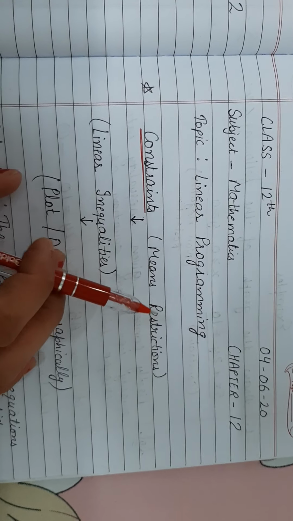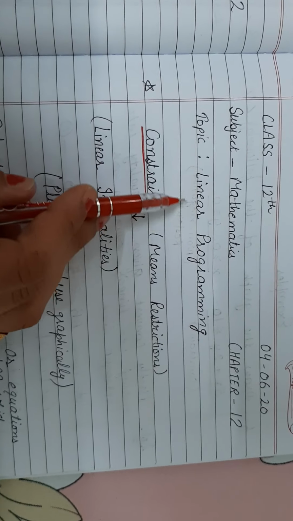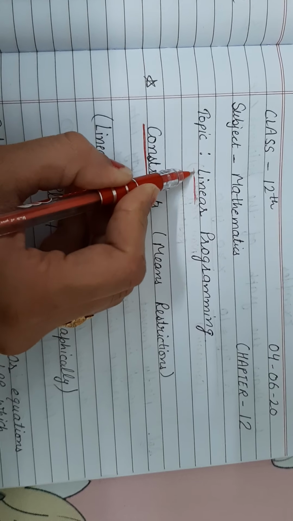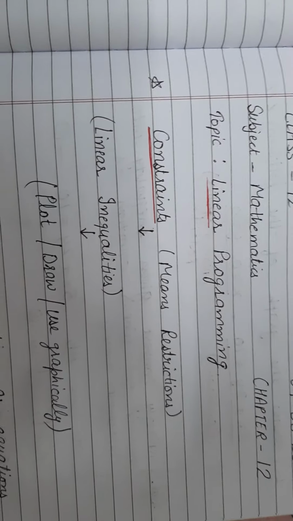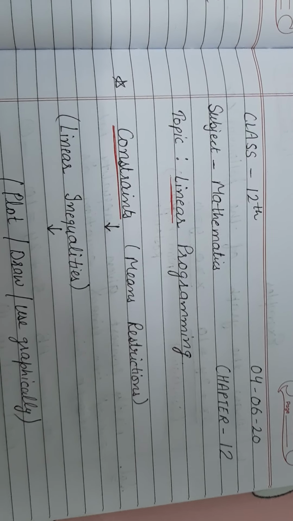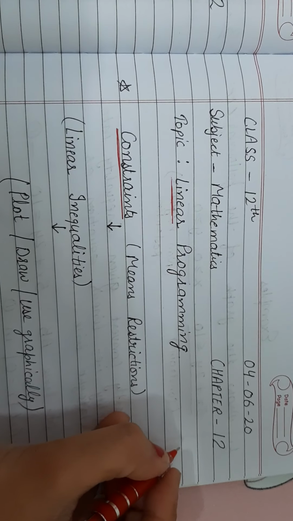In this chapter, we are going to study linear constraints. What is the meaning of the word linear? Linear means only one, single.